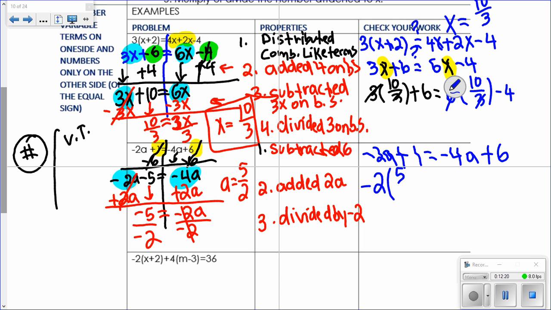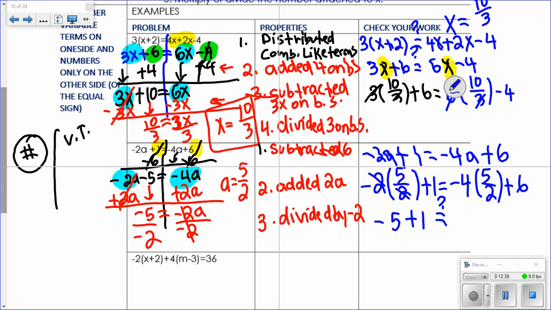Negative 2 times 5 over 2 plus 1 equals negative 4 times 5 over 2 plus 6. Is this true? Well, negative 2 and 2 cancels. I'm left with a negative 5 plus 1. Does this equal? Well, negative 4 and 2 cancels.